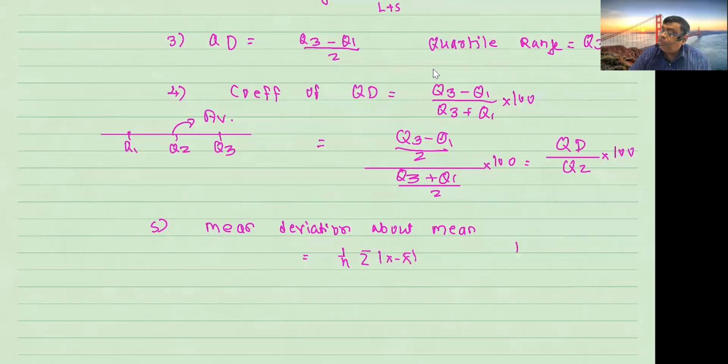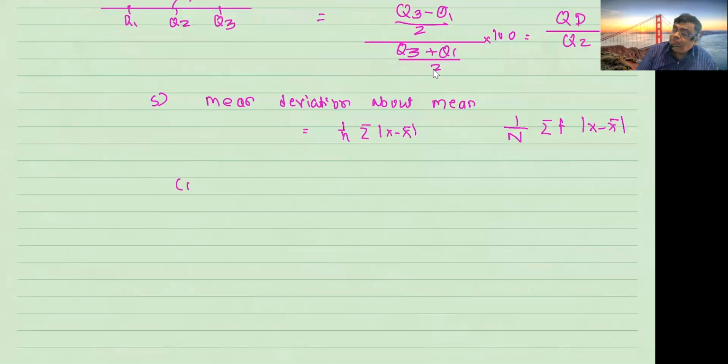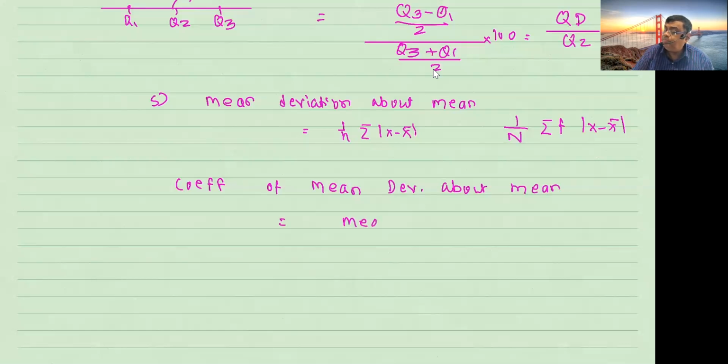And if the frequencies are given, it is 1 upon capital N summation f into modulus of x minus x bar. ये अभी स्टैंडर्ड हो गया. फ्रीक्वेंसीज अगर है तो f से मल्टीप्लाई करो, रिप्लेस स्मॉल n बाय कैपिटल N. Similarly, coefficient of mean deviation about mean is equal to mean deviation about mean divided by mean into 100.